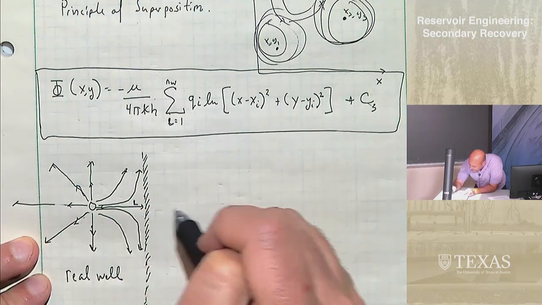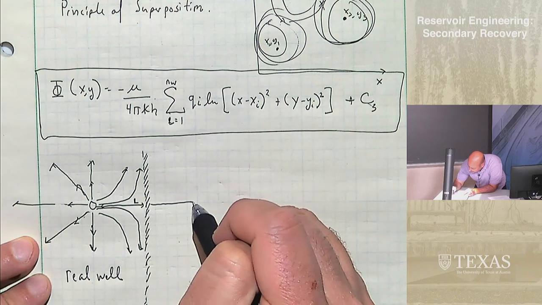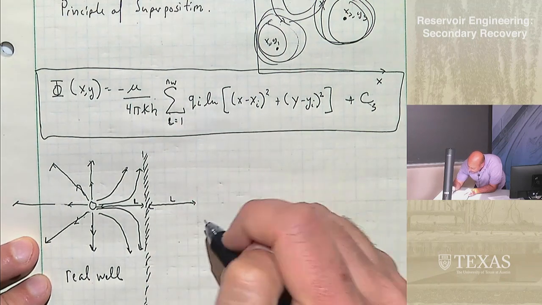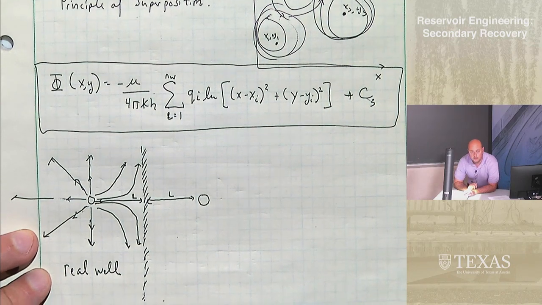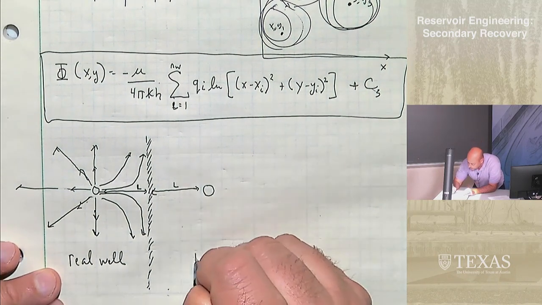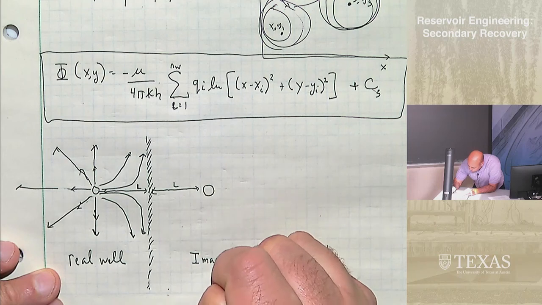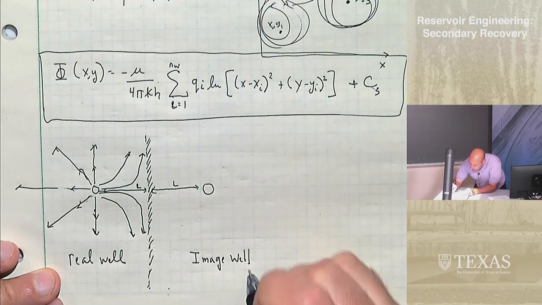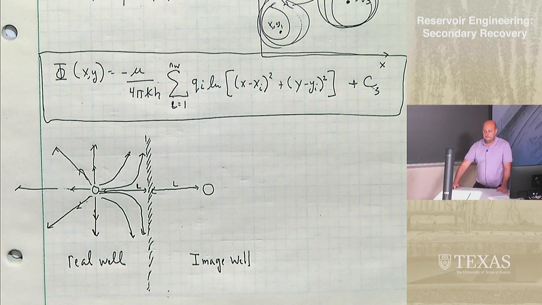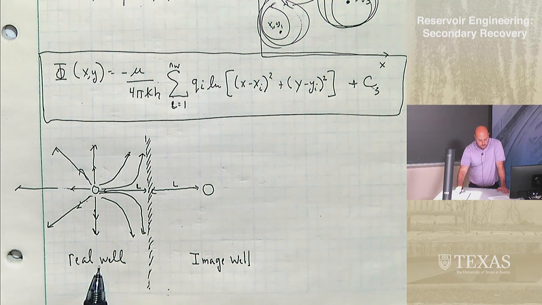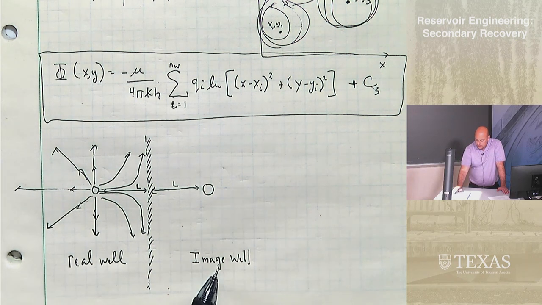And on the other side, exactly L away, there's going to be another well that's a fake well. We're going to call it an image well. Okay, so this is a real well. And this is a different well, it's an image well.